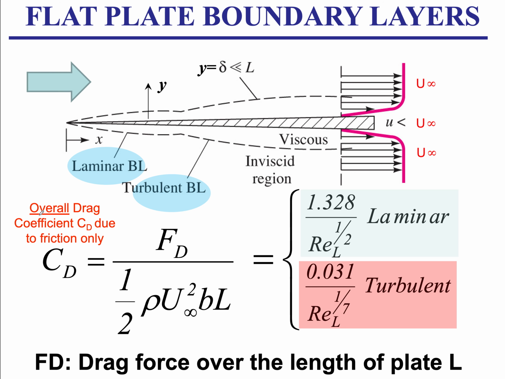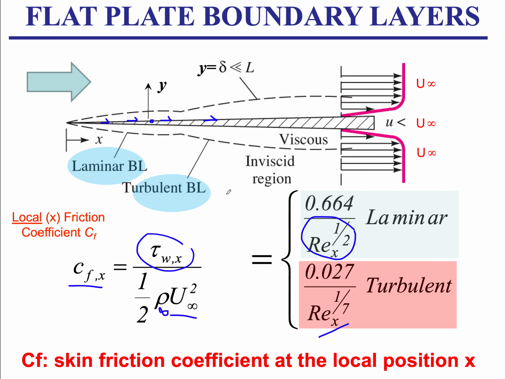So by summing, we mean to integrate. So my F friction, or F due to shear stress, F tau, from the leading edge of the plate to the trailing edge of the plate is going to be the integral of tau times dA, and just integrate over the whole length of the plate. So this is my tau.